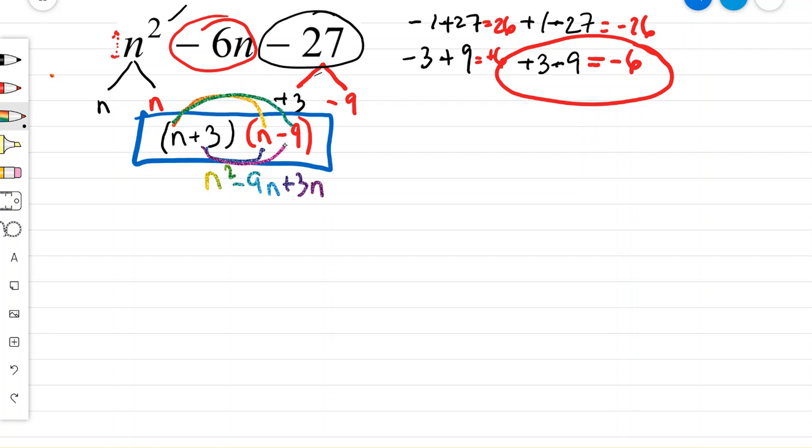And 3 times negative 9 is negative 27. Always look in the middle and see what you get. I'll have n squared minus 6n minus 27, and that double checks what I originally started with, so I know for a fact that thing in the box has to be my answer.